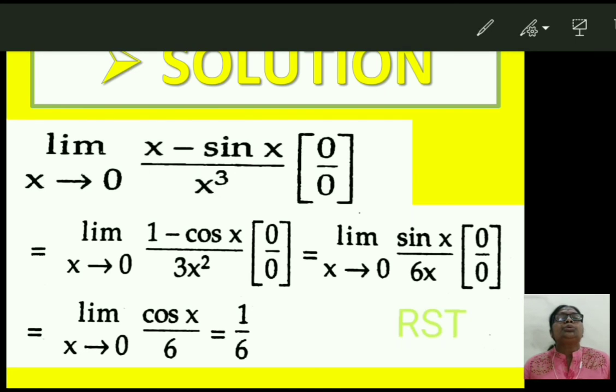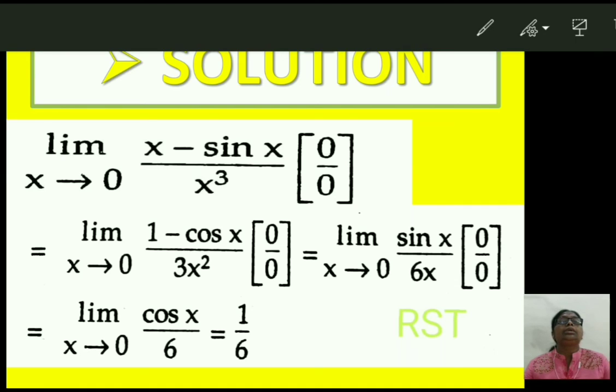We substitute x equal to 0 in the numerator and denominator, so that we get 1 minus cos of 0, which is 1, that is 0, and in the denominator 3x square, x is 0, therefore we get 0, so that we get 0 by 0 form again.